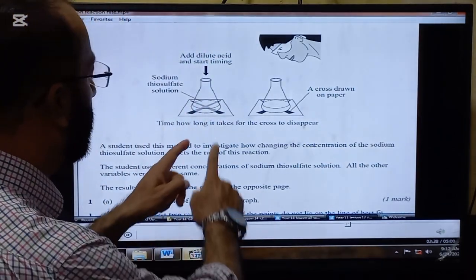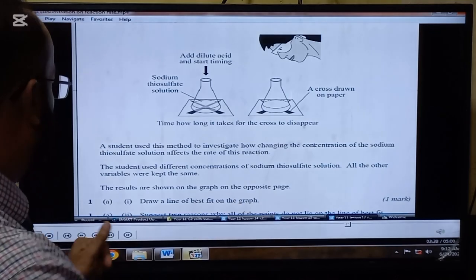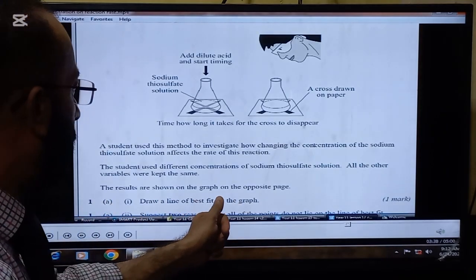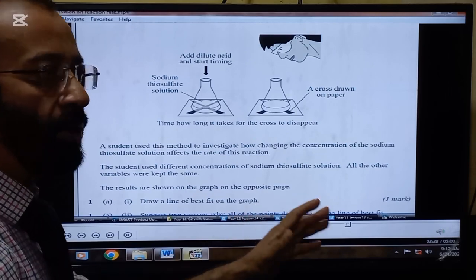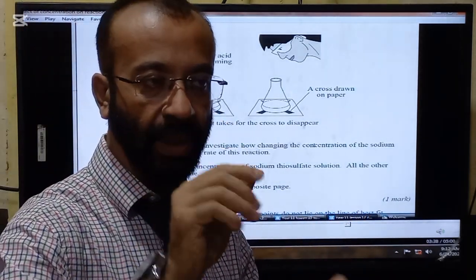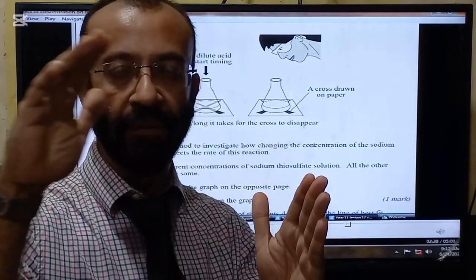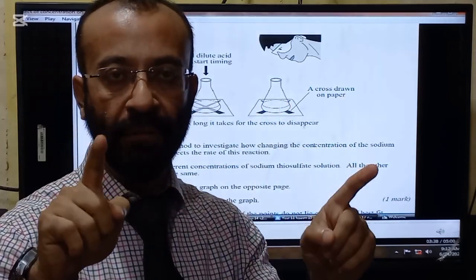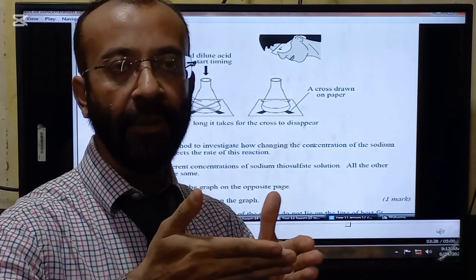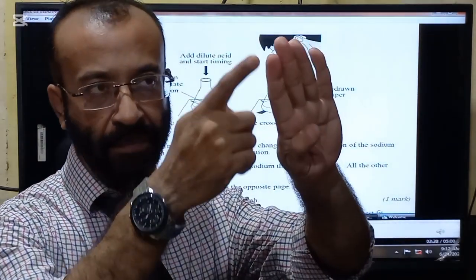This kind of figure will be given and the question will say the results are shown on the graph on the opposite page. So now you will mark the different points on the sheet of graph paper that you have obtained in your table, and then you will draw the line of best fit.